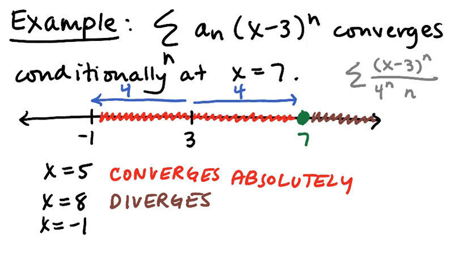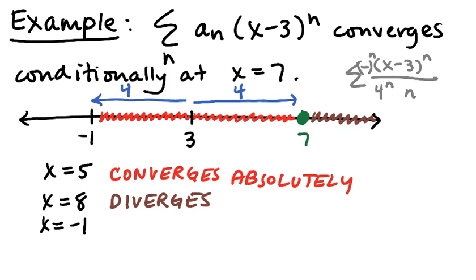Okay, so if I plug in 7, I guess I would just need a negative there, or something. (-1) to the n. That's what I had room for. Okay, this one, at x equals 7, converges conditionally because it's the alternating harmonic series, whereas at -1, I've got the regular harmonic series and it diverges. Okay, so I could cook up one where it diverges.